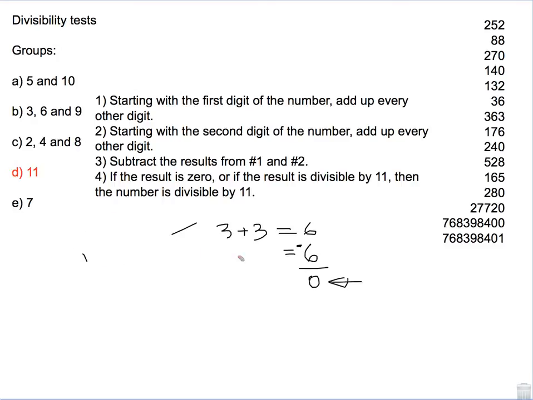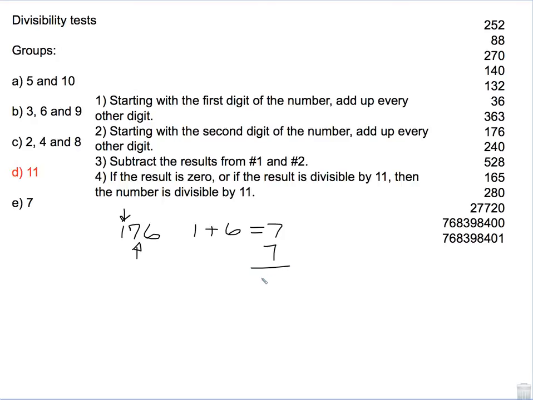Let's pick another number from the list. Let's pick 176. Well, we'll start here. 1 plus 6. Then we'll start here. That's just a 7. And we subtract them, we get 0. So 176 is divisible by 11 as well.